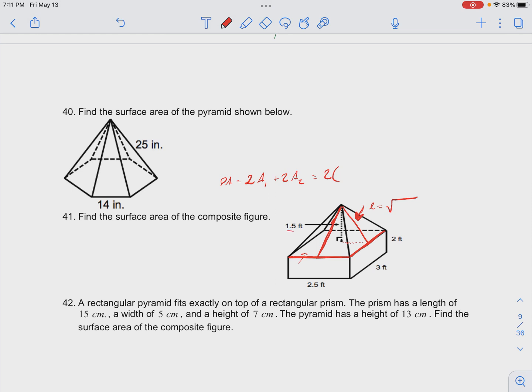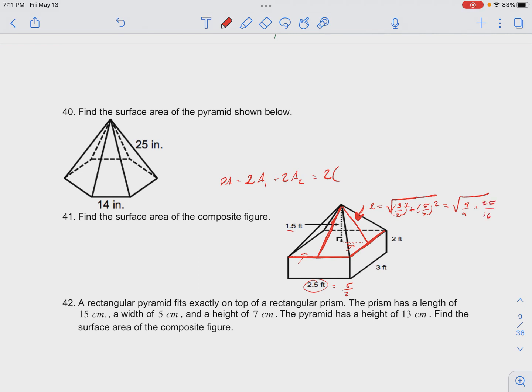So that's 1.5, which is 3 halves squared, plus now this base edge is given by half of this side length, which is half of 2.5, and 2.5 is written as 5 over 2, so half of that would be 5 over 4 squared, giving us the square root of 9 over 4 plus 25 over 16.